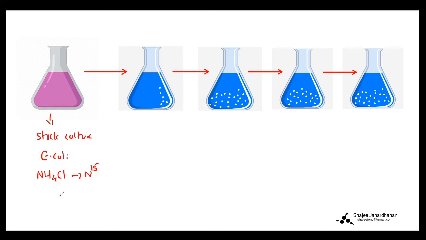The bacteria were grown in this particular medium for several generations, so that all the biomolecules that contain nitrogen, like the DNA and the proteins, incorporate N15 as their nitrogen.